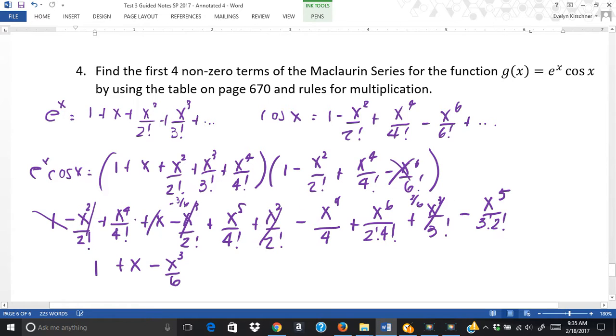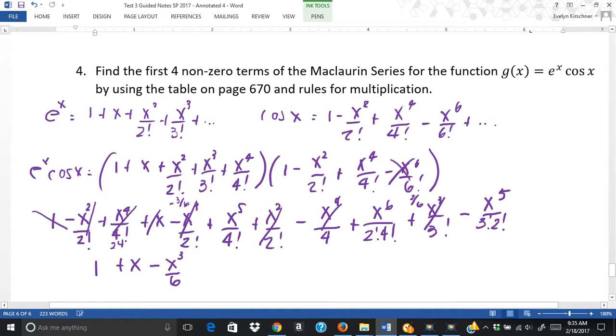Let's see, I have x to the 4th over 4 factorial. From here, I have negative x to the 4th over 4, and 4 factorial is 24.